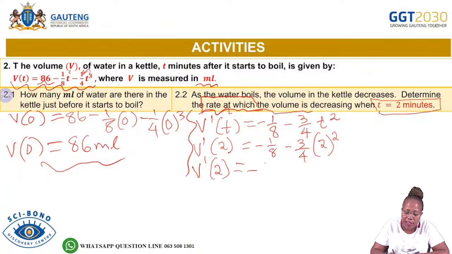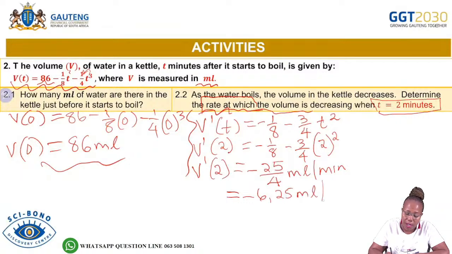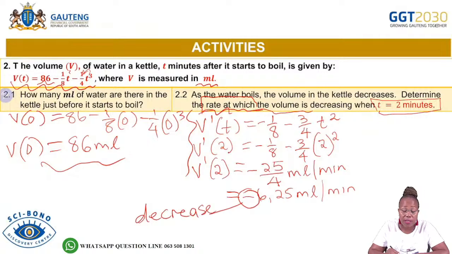So this will give us minus 25 over 4 milliliters per minute, which in decimal will give us minus 6,25 milliliters per minute. Why a negative answer? Because the volume is decreasing.